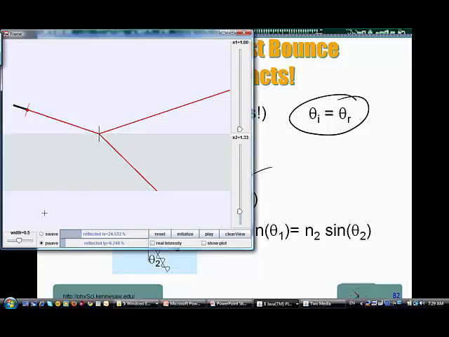Now, the simulation is breaking the wave in two types: the part that's oscillating like this, and the part that's oscillating perpendicular to it, which is going to be in and out of the screen. Now, it is showing us in here the actual intensity of the light that is reflected for each part of the wave. And we can make it show us the real intensity of the waves.